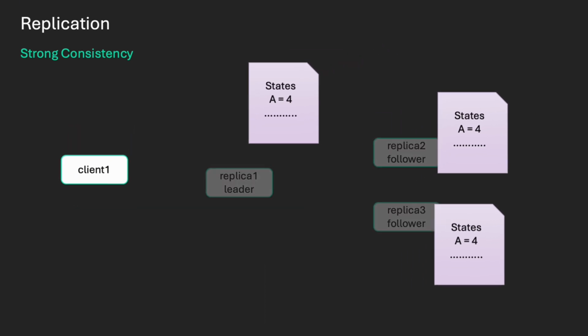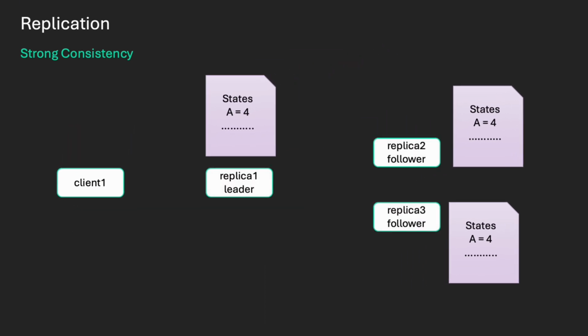One approach to implement strong consistency is synchronous replication. Let's explain synchronous replication with an example. In this replication, clients write only to a single leader, which then forwards the write request to all replicas. The leader waits until every replica commits the write before confirming success to the client.